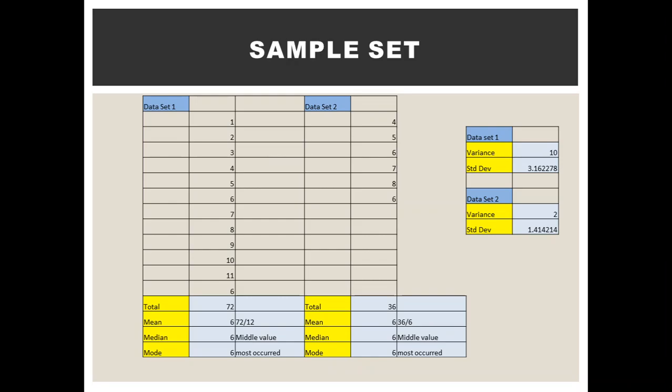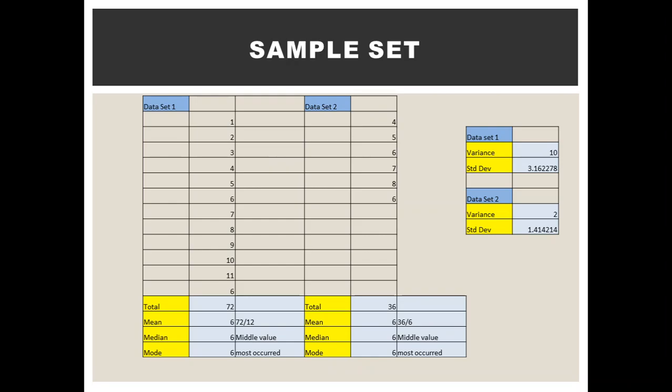That is our understanding. In data set 2, you can see the variance is 2 and the standard deviation is just 1.4. That means most of my data from this data set is just 1.4 away from my mean.